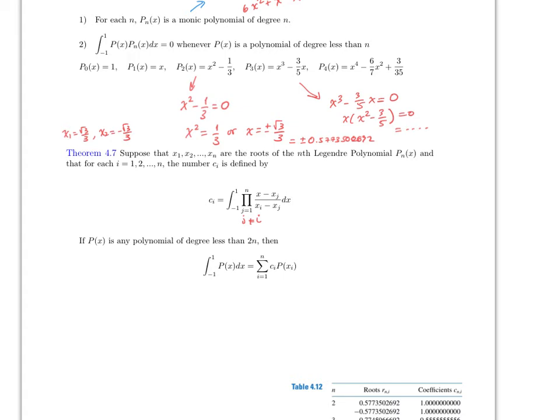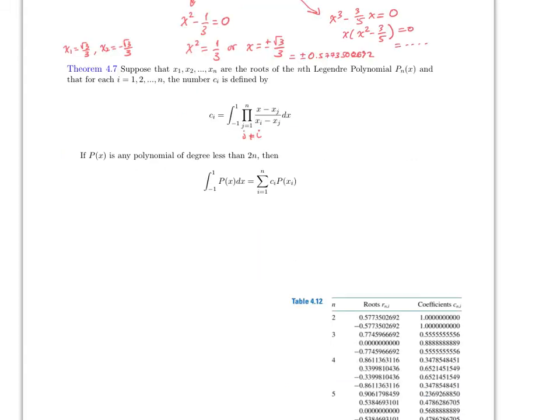For example, for our case, let's say that you wanted to find c1. So c1 should be the integral from minus 1 to 1 of the product from j equals 1, j not equal to i, all the way to 2, because remember here the value for n is 2, of x minus x2 divided by x1 minus x2 dx.